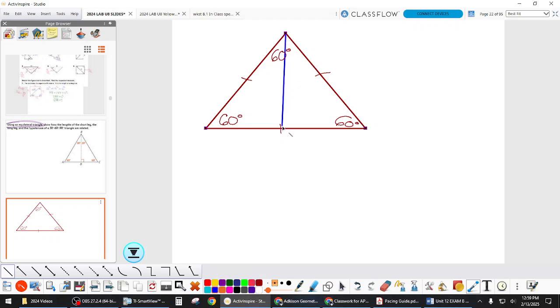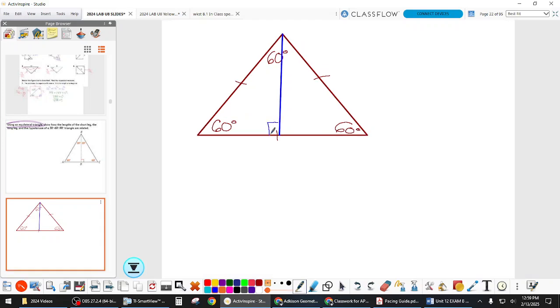Remember, an altitude means it has to be perpendicular to the opposite side. So that makes this a 90. Okay? What did it do to this top angle? Yeah, so it bisected, split it in half. Good job using bisected. So what is the measure now of this angle, or either one of them actually? Okay, so this is how we're thinking through the 30, 60, 90 triangle, okay, so far.